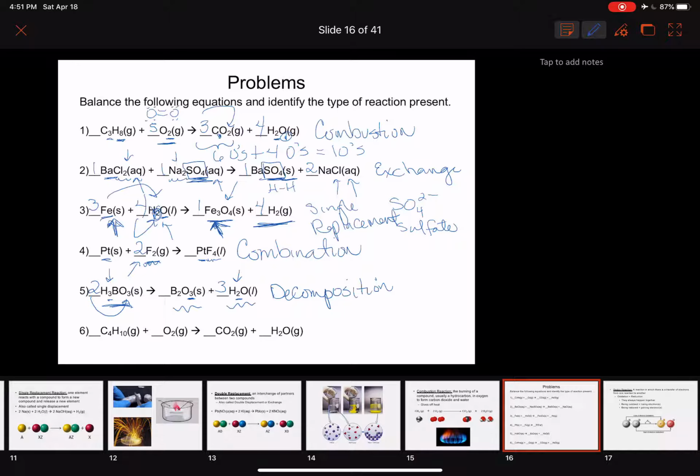And then we've got 3 waters, which each bring with them 1 oxygen. So we have 3 oxygens from the water. And 3 oxygens plus 3 oxygens equals 6 oxygens on the product side. So we have 6 oxygens on the reactant side and 6 oxygens on the product side. So we're good with oxygens.